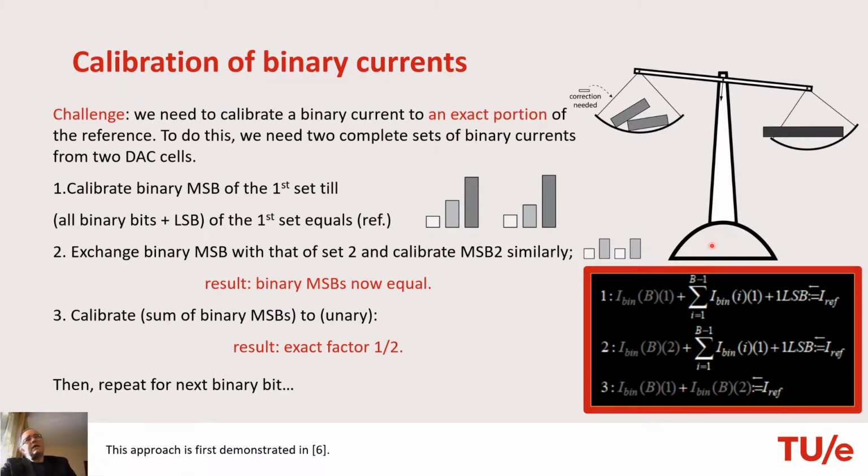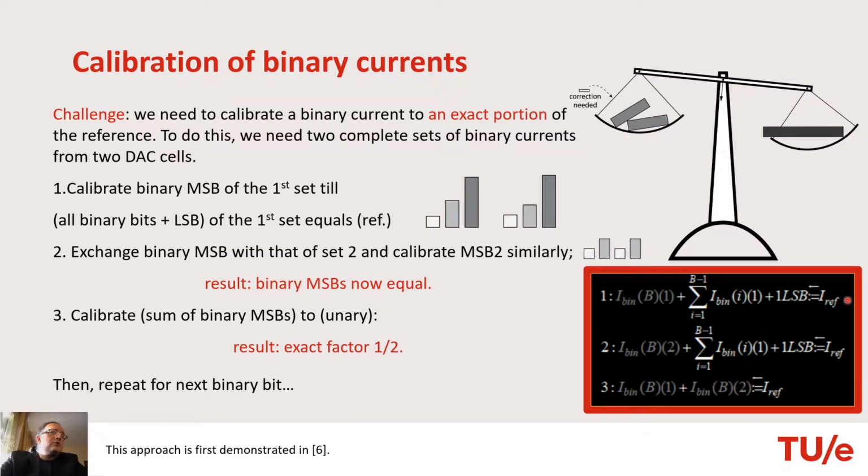On one side we have a reference, and on the other side we put the MSB current of the first set, and all the other currents, plus one LSB. In other words, what we have here is all the currents of the first binary DAC cell, and then this is nominally, of course, equal to the reference.